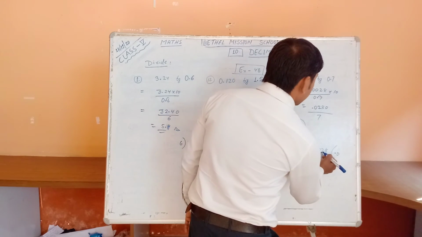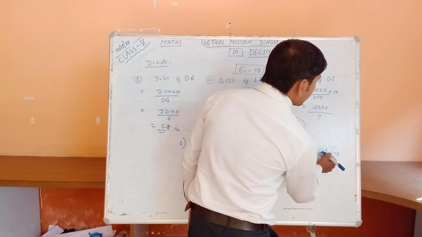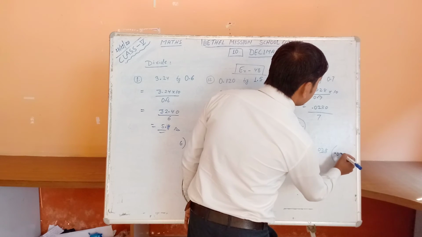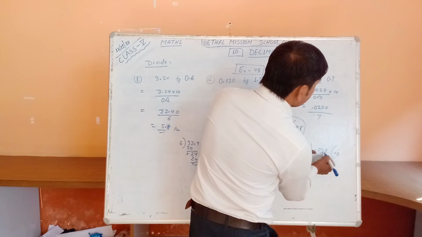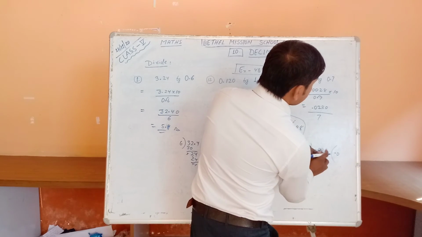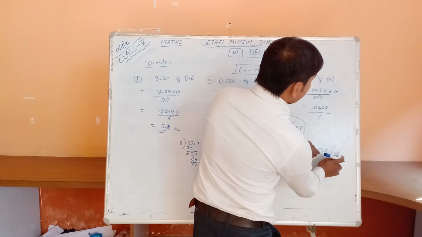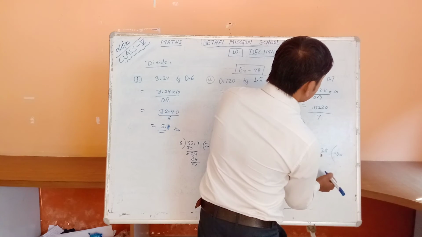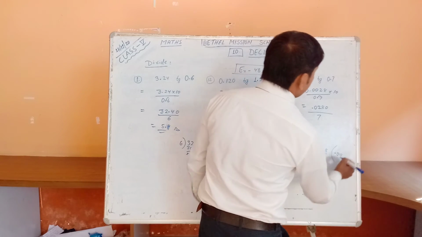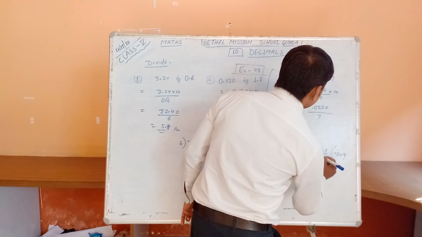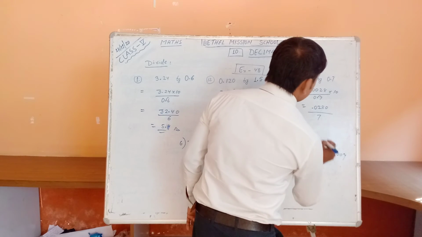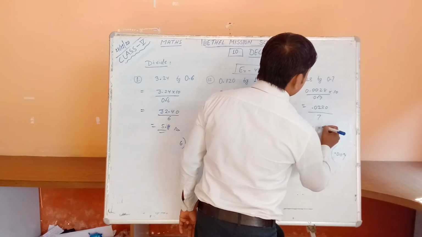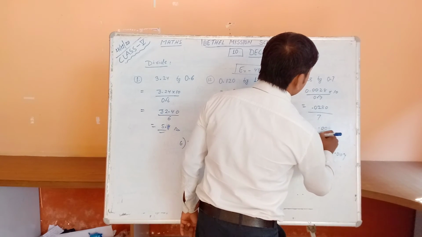Here you have to take one more zero first: one zero for the decimal, 0.10. Now take 2. We can't divide, so write one more 0. And now take 28. 7 4s are 28. This is 0.004.